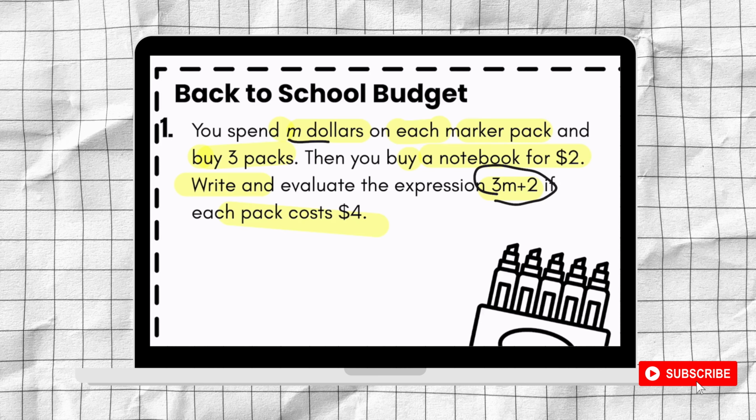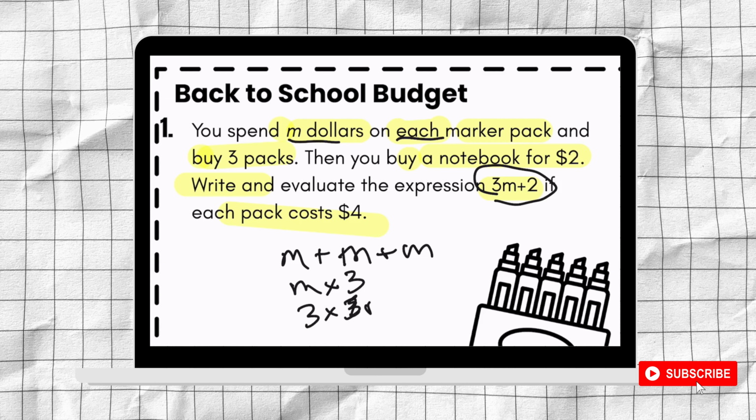You spend M dollars. So our unknown amount is, we don't know how much money we're spending, so we put M as our variable on each pack of markers, and we buy 3 packs. So if I buy 3 packs, it would be M plus M plus M, which, repeated addition, is the same as multiplication, and I can multiply in whatever order I want.